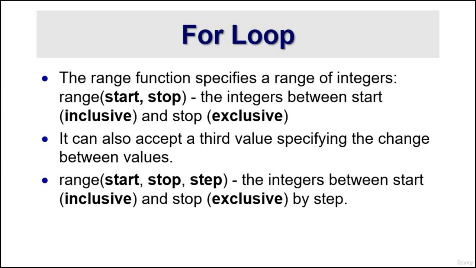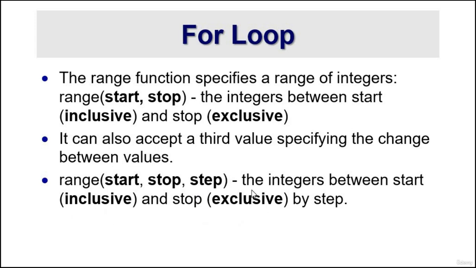Like if we enter 2 here, it will move by the order of 2, like from 0 then 2, then 4, then 6. Or if we put 3, it will move by steps of 3, and if we put 2, it will print the even numbers. So this third step is also very important sometimes, according to the situation of the program. And the syntax is the same: the start is inclusive but the stop is exclusive.